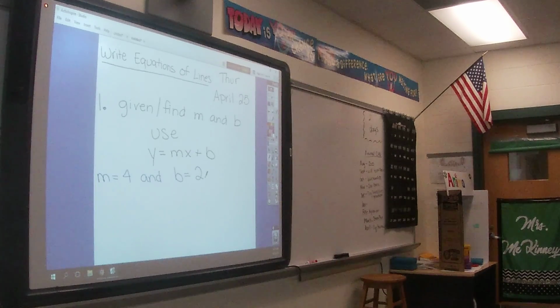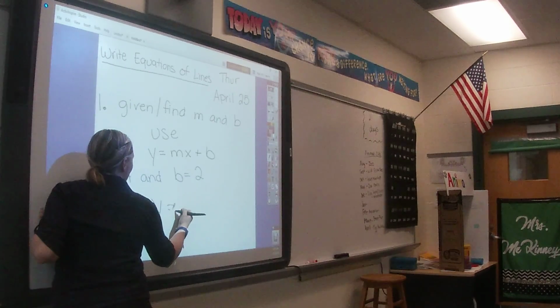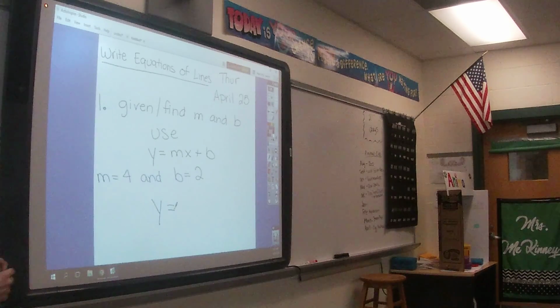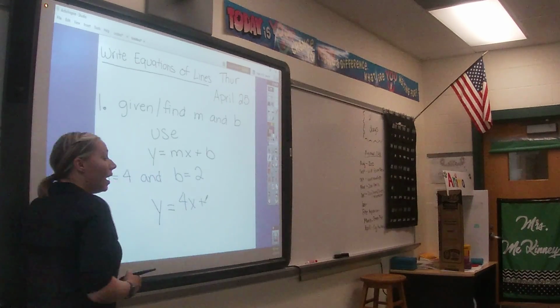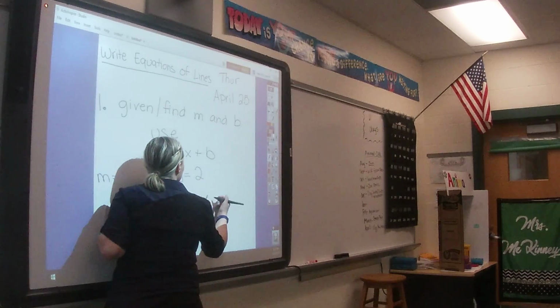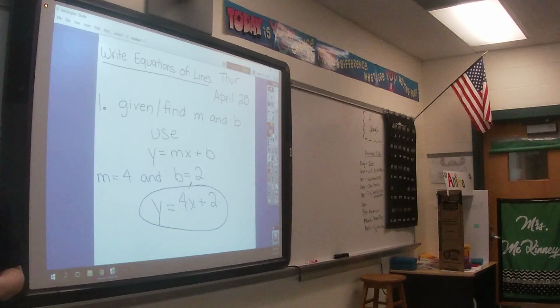Again, we're just going in reverse order. Now instead of pulling the number out, we're going to put the number in. So we will say y equals, what number am I going to replace m with? 4. So y equals 4x plus 2. And that's your answer.